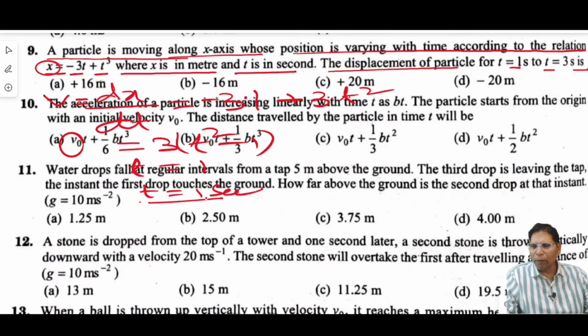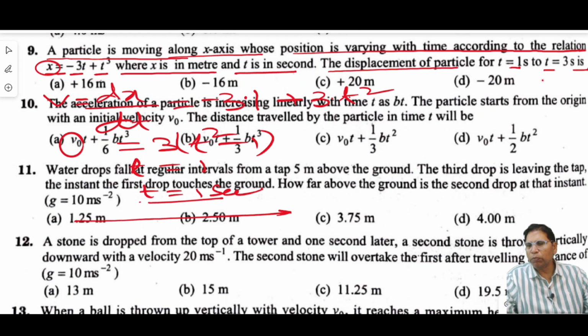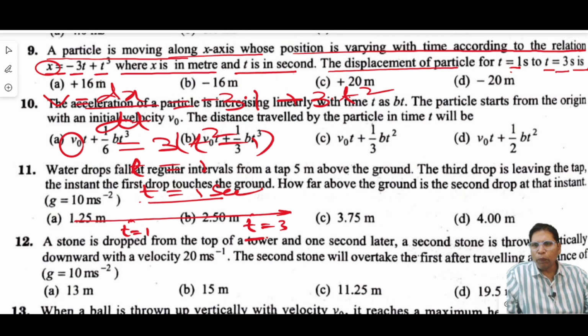Okay, no problem. Now suppose this is the line of motion. We have to calculate displacement from t equals 1 to t equals 3. Look at this, at t equals 1 and t equals 3. If we put t equals 2, the velocity is positive.